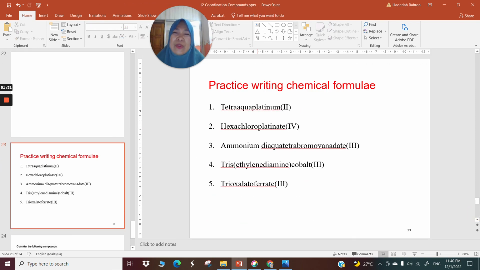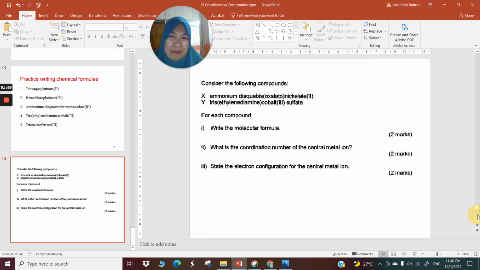And you can also practice writing chemical formula: tetraaqua platinum 2, hexachloroplatinate 4, ammonium diaqua tetrabromovanadate 3, tris ethylene diamine cobalt 3, trioxalatoferrate 3. So give the chemical formula of all these compounds that are given in this page.